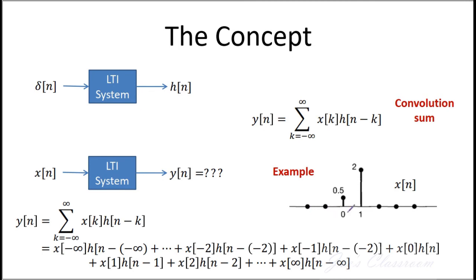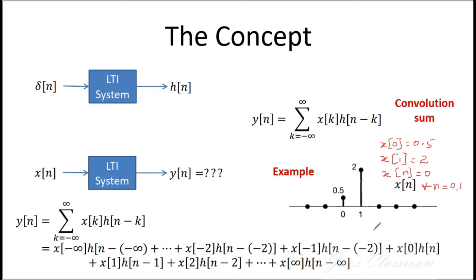Obviously, x of n exists only for n equal to 0 and n equal to 1. That is, x of 0 is equal to 0.5 and x of 1 is equal to 2, and x of n is equal to 0 for all values of n not equal to 0 and 1.